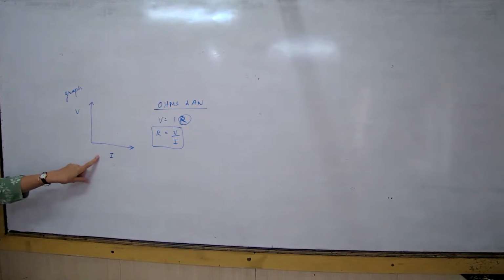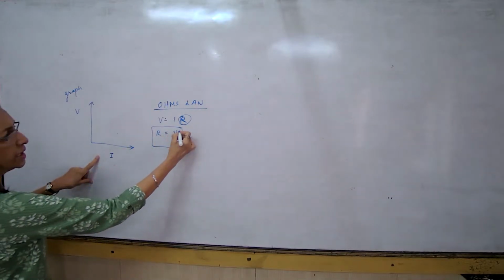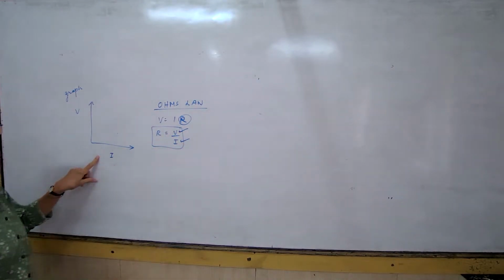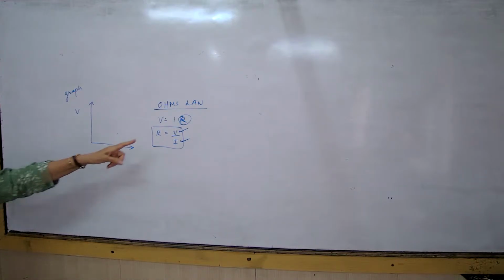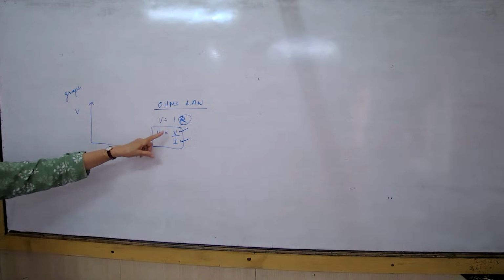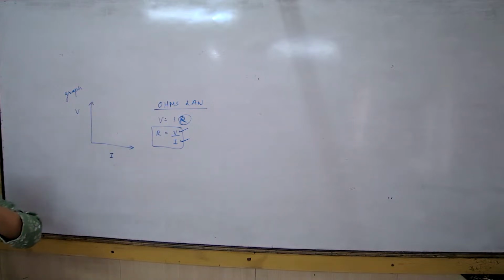So what does it tell us? When V is increased, I will also keep on increasing. What is V? The potential difference. So the greater the potential difference, the greater is the current. So if I'm increasing the potential difference, the current also will be higher. Okay, so these two are correlated. And we always find that V upon I, R, is going to be a constant.